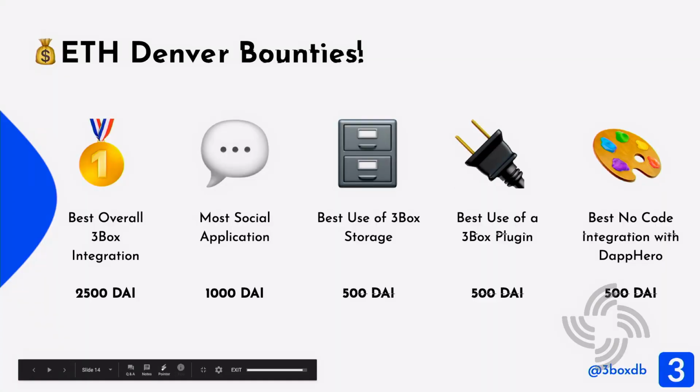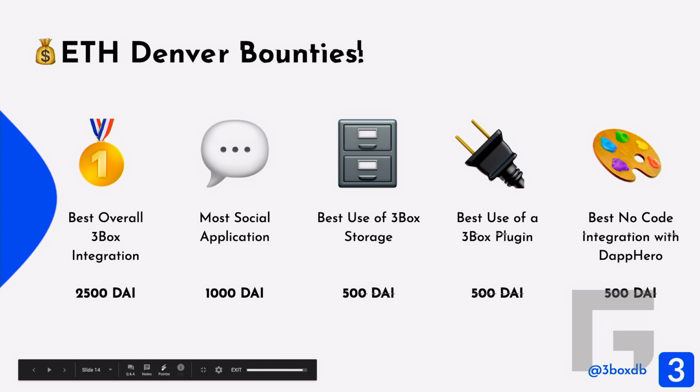Okay, cool. So, of course, we're sponsoring bounties. We've got 5,000 DAI in total, so it's pretty big. The first one we have is best overall integration. So whatever you're using 3Box for, enter into that one. We're looking for some really inspiring and innovative use cases there. Most social application. So that's an application that specifically uses our Threads API. That could be the confidential or regular threads, ghost or persistent. It's up to you. But a social application built on top of 3Box.